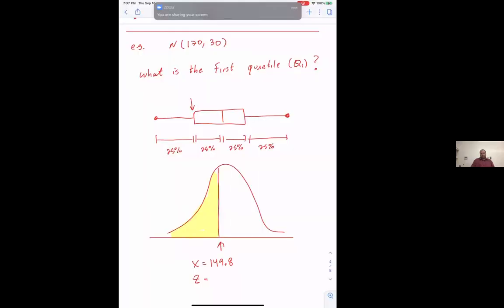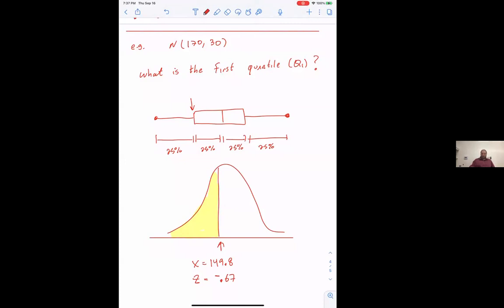You gotta do some math here. Compute the z-score. Would it be negative 0.67? Yeah, approximately negative 0.67. So that means roughly 2/3 of a deviation below the mean is the 25% cutoff, the first quartile cutoff.